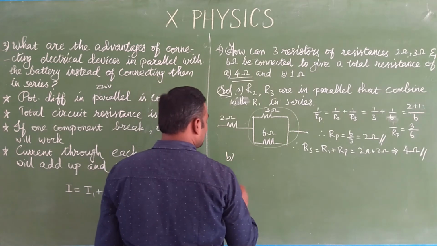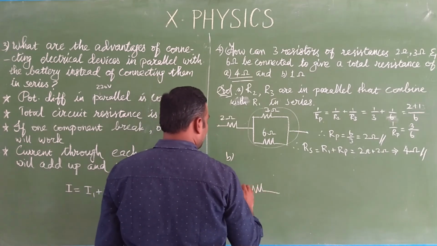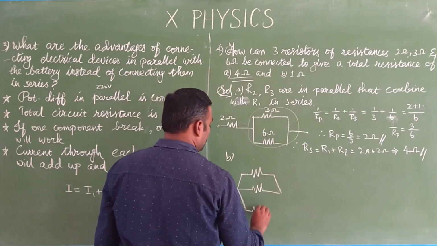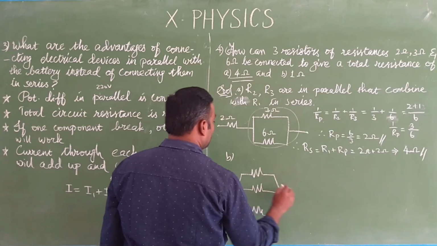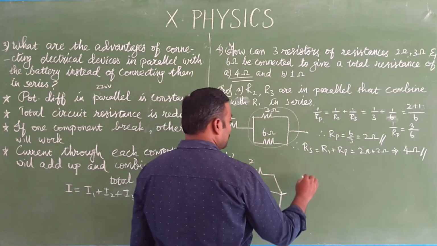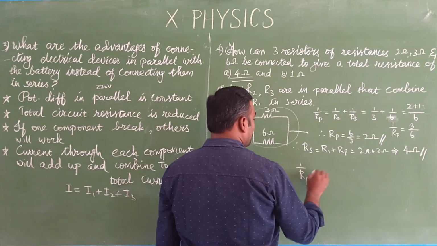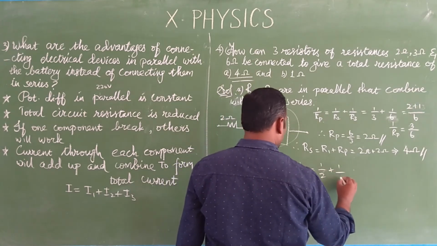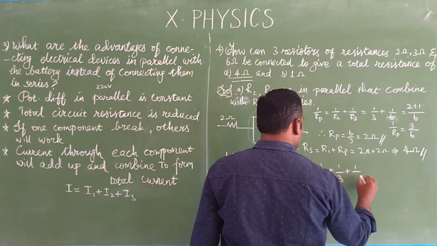So all the resistors are connected in parallel. Okay, so 2, 3, 6. 1 by parallel combination, what is the formula? 1 by RP is equal to 1 by R1, that is 1 by 2, plus 1 by R2 is 1 by 3, plus 1 by R3 is 1 by 6.